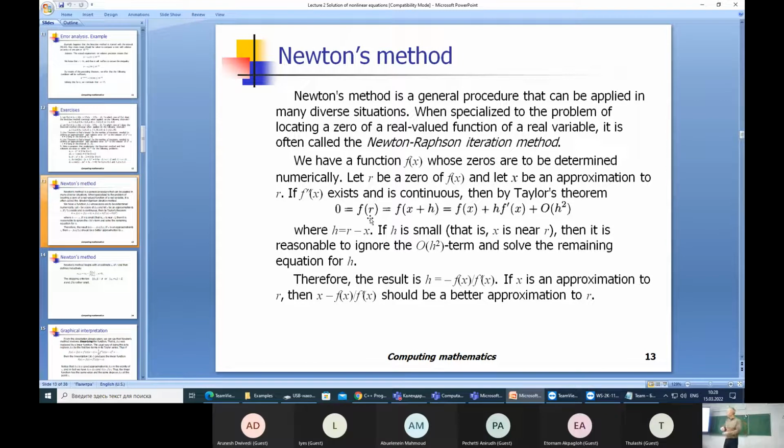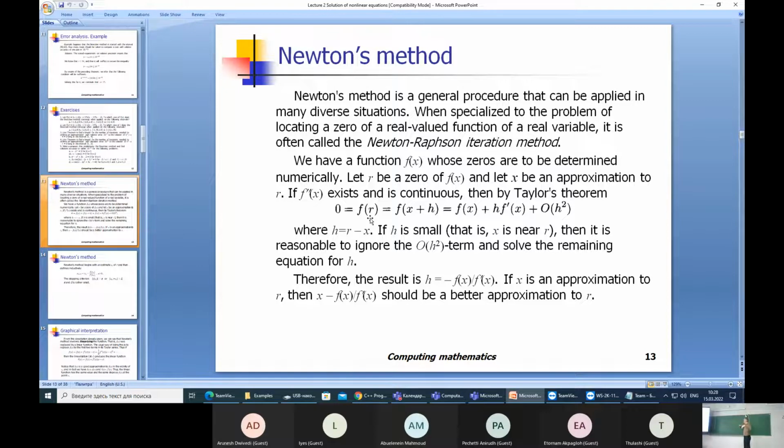O(h squared). This notation O(h squared) denotes the terms that include h power 2 and greater. This term, the first one, includes h power 0. Any number in power 0 is 1, right?